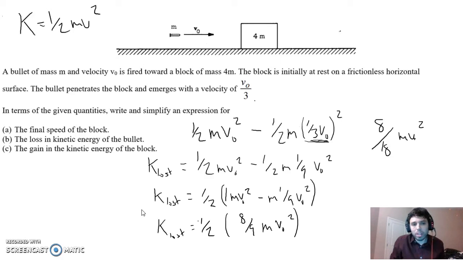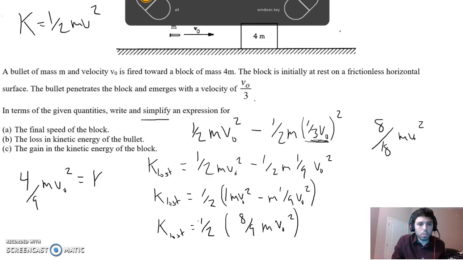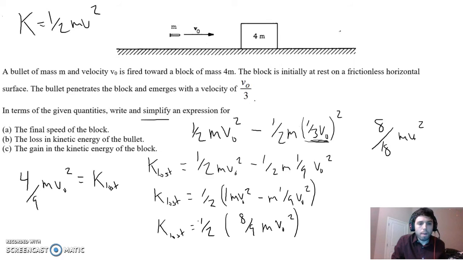We can simplify this down. So we take 8/18. That's just a fraction. We're just going to divide both sides by 2 to simplify it down. So it's going to end up being 4/9 times mv naught squared, and that's going to be equal to the kinetic energy lost. All right, there we go. So we're done with that part.